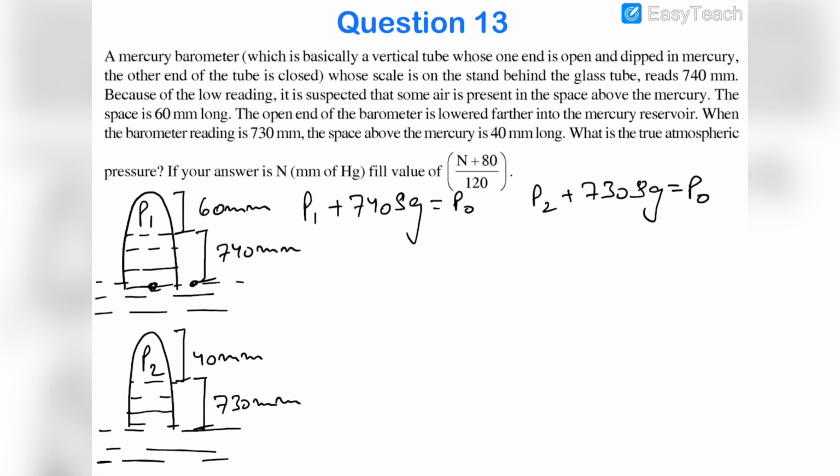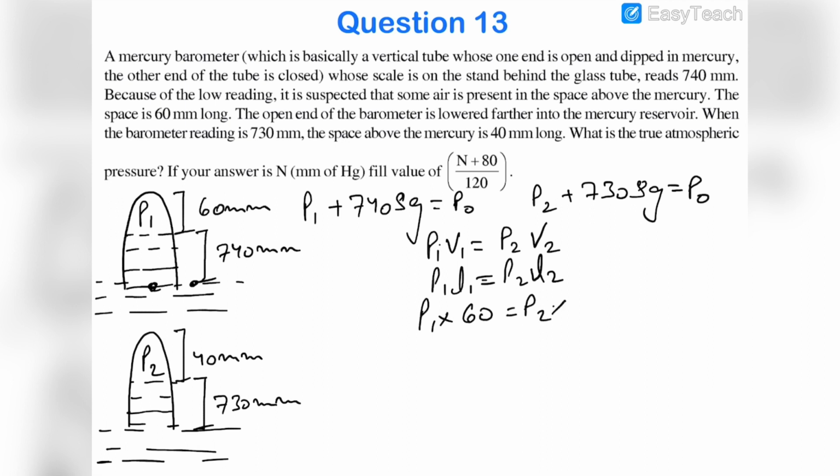Now we also know that P1 V1 is equal to P2 V2, because these processes are isothermal, and we can eliminate area of cross section both the sides. So P1 L1 is equal to P2 L2. Now P1 is P1 and L1 is 60, P2 is P2 and L2 is 40. So P2 is equal to 3 by 2 P1.